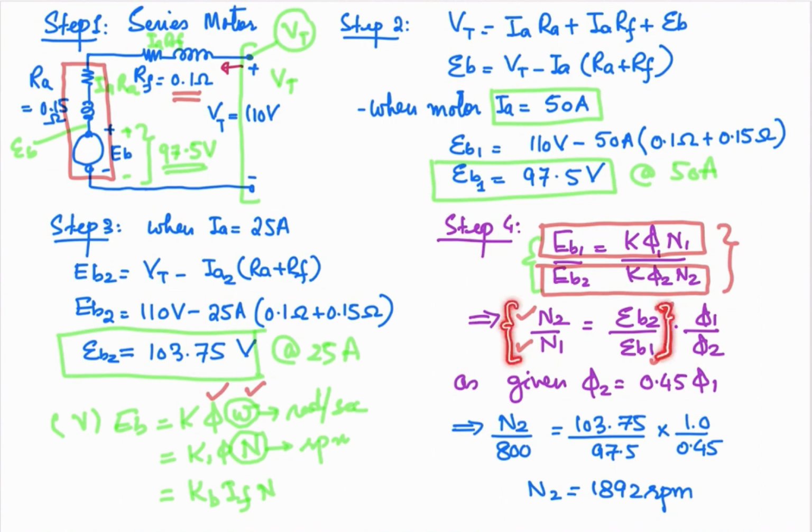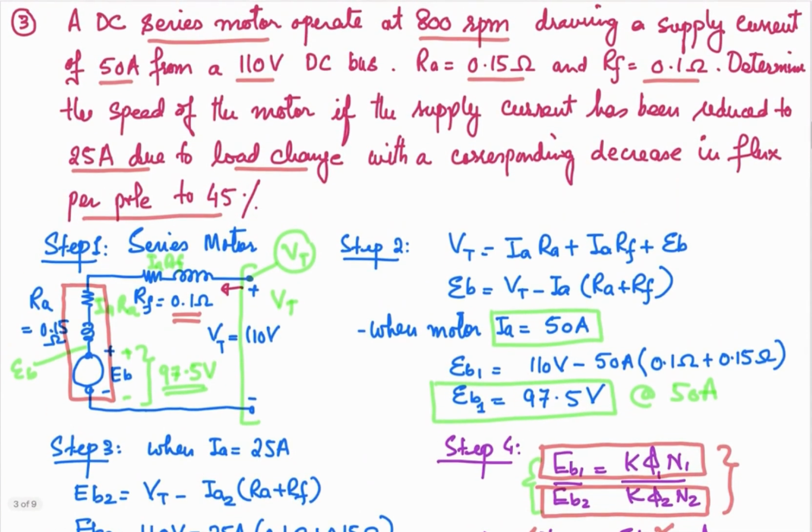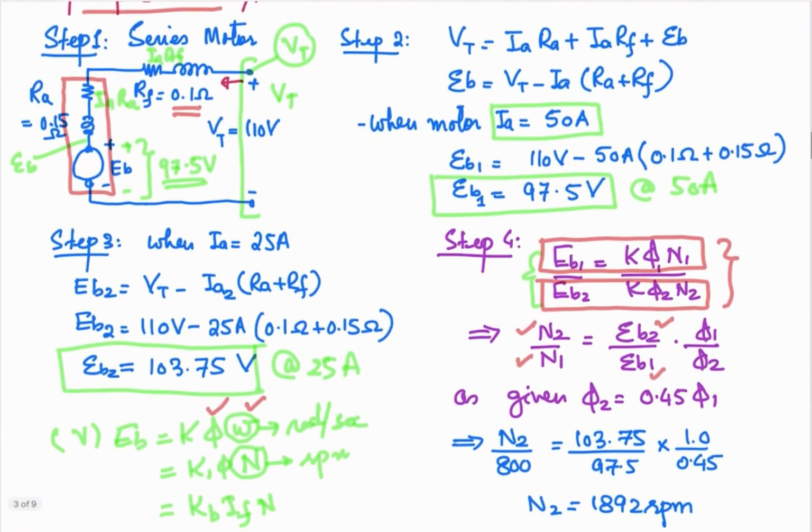Now the second thing affecting this is the flux, because when we changed the load to 25 ampere, there is a decrease in the flux over the poles, and it is now 45% of what it was previously. So we can relate the fluxes: phi 2 is equal to 0.45 times phi 1.